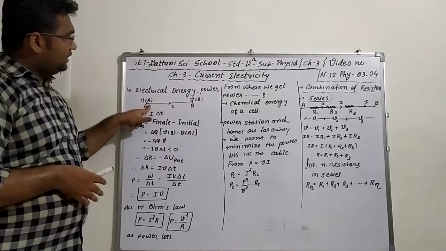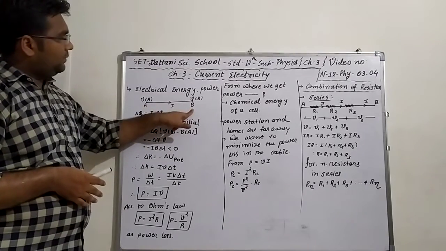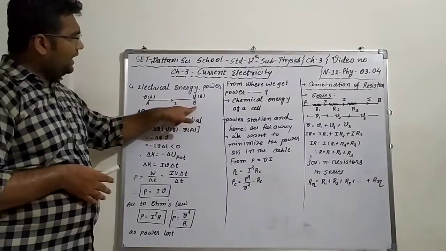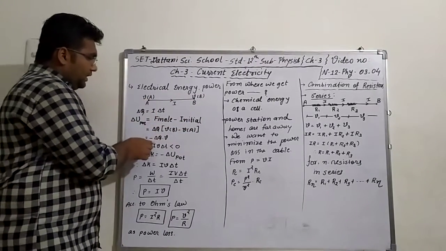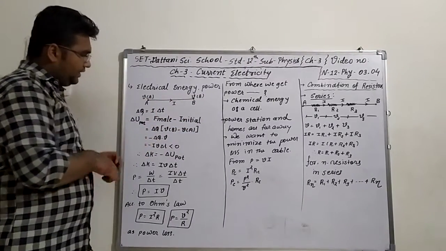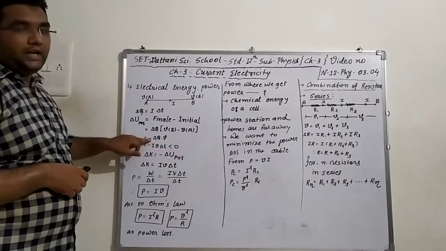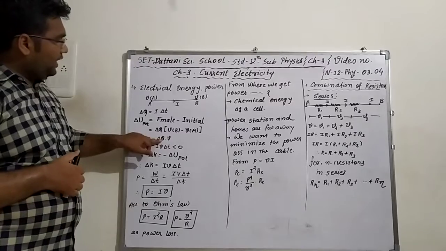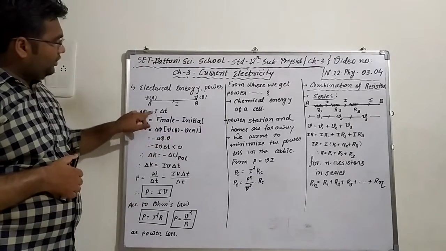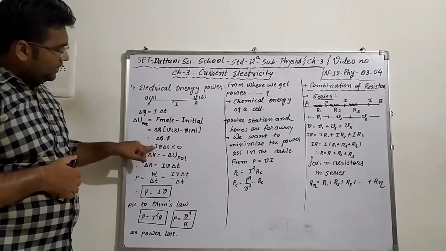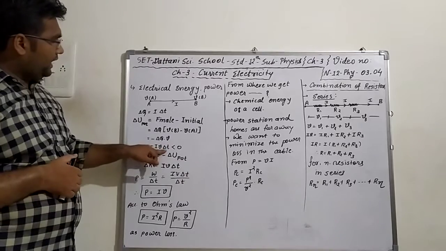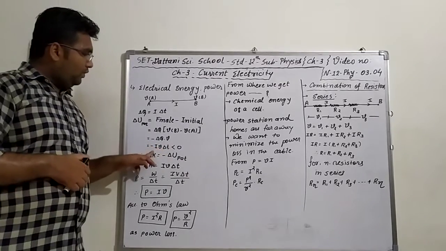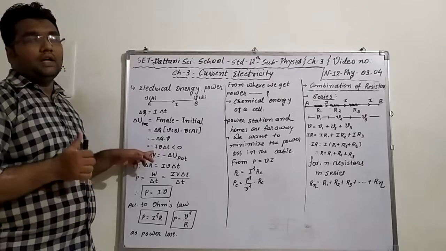Here the potential is lower and here the potential is higher, so if we make the subtraction, we get the negative value of potential energy. If we put the value of delta Q equal to I delta T, we get the negative value of potential energy.